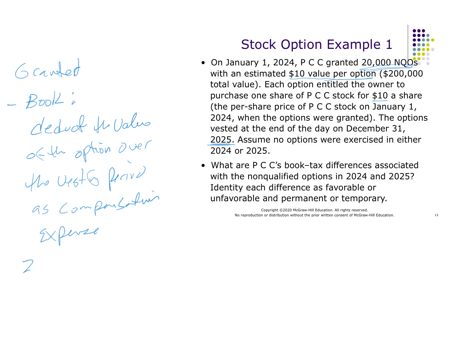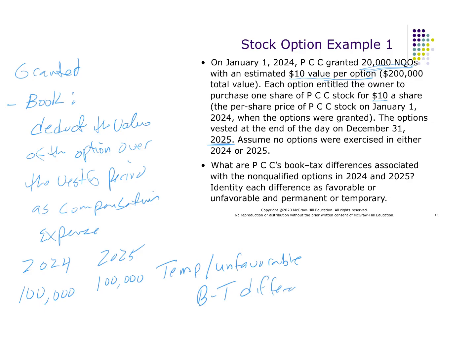So for 2024 and for 2025, they would have in each year $100,000 of a temporary and unfavorable book to tax difference.